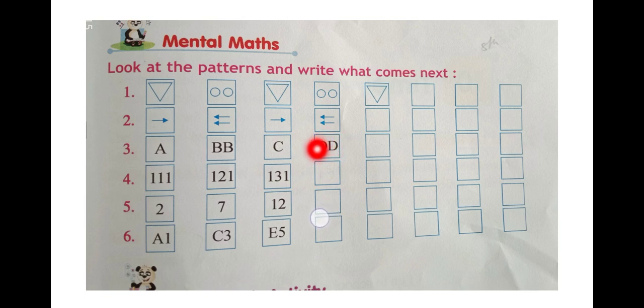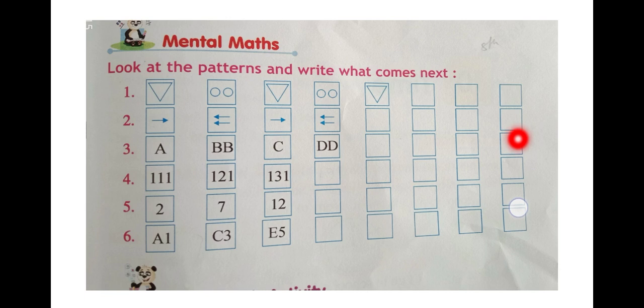So the next pattern should be one arrow pointing towards the right, isn't it? Then the next should be two arrows pointing towards left. Then the next should be one arrow pointing towards the right side. And the last one should be two arrows pointing towards the left direction.